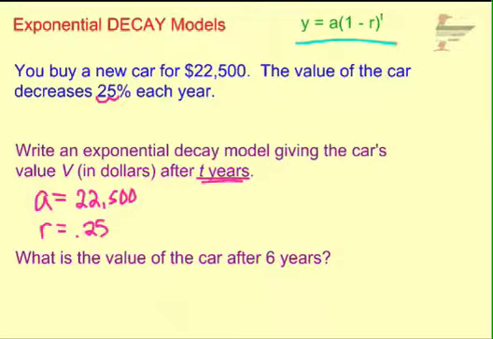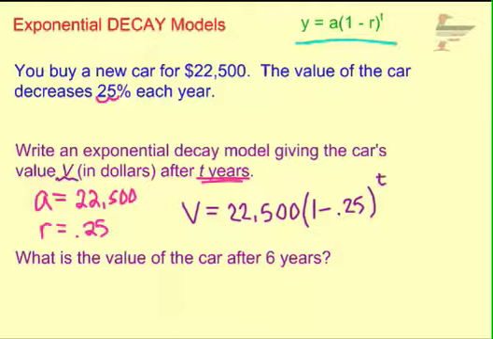They did throw out this value of V, so instead of saying y equals, we're going to say V equals, the value of the car, equals 22,500, and I'm just plugging in for the variables right now, times 1 minus 0.25 raised to the t power.